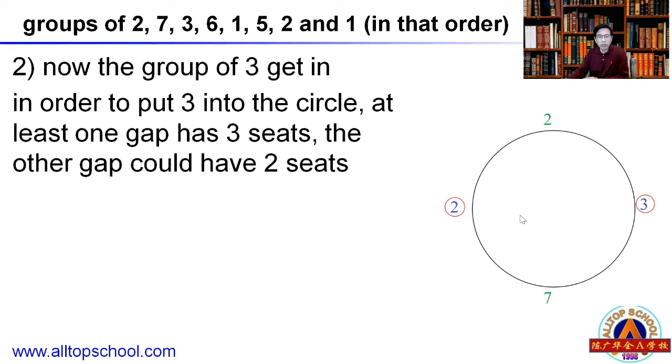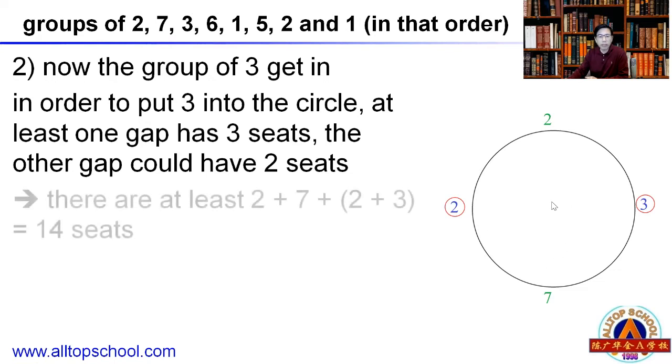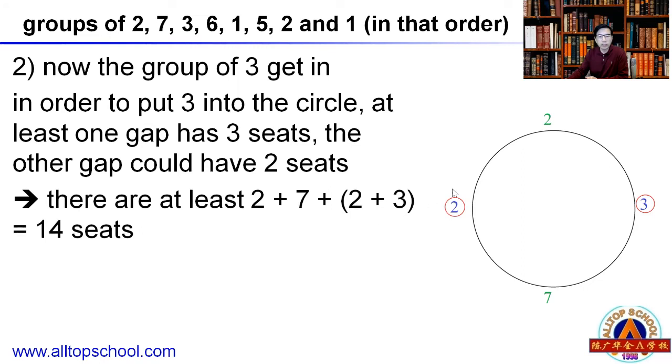There's a minimum, right, to guarantee. So to this point, the minimum number of seats could be 14: 2 plus 7 for the people already seated, 3 people seated, and at least 2 seats left as a gap for the next group to get in.